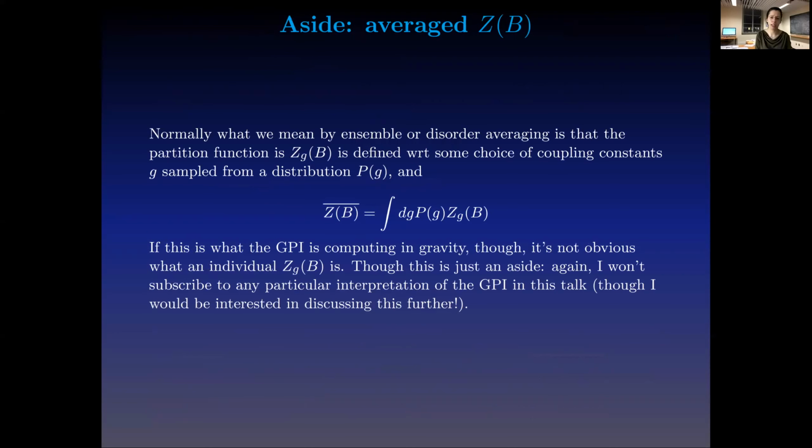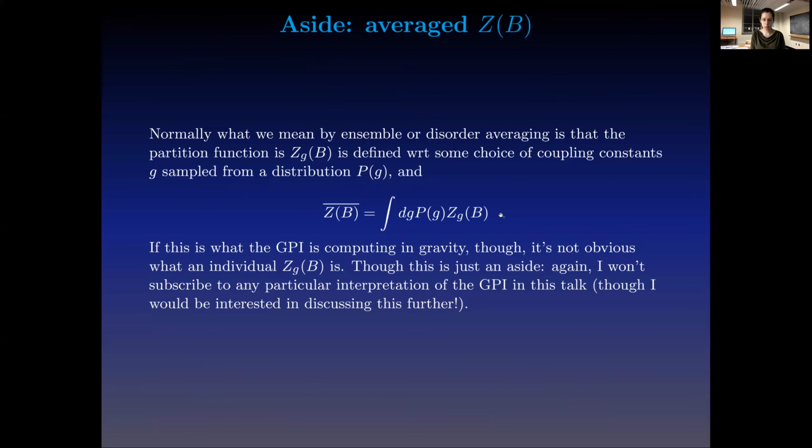So just an aside on ensemble averaging. Normally what we mean by ensemble or disorder averaging is that the partition function, which I've put a little sub G on here, is defined with respect to some choice of coupling constants that are sampled from some distribution. So this overbar would be some average like so.